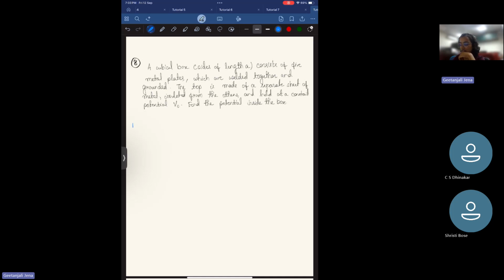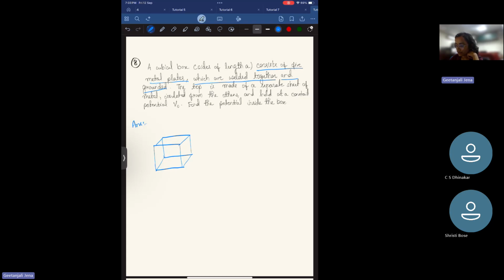So this question is based on the Cartesian system. There is a cubical box, side of length A. Let me draw it. You have a cubical box, all sides have length A, and it consists of 5 metal plates which are welded together and grounded.